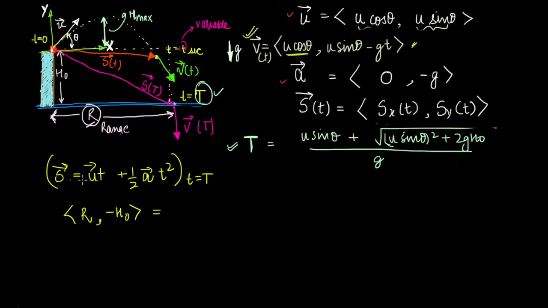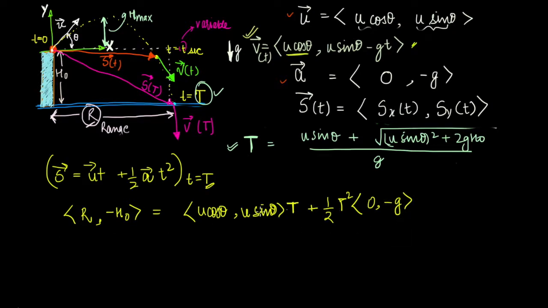All right, what about ut? Well, u would be u cosine theta and u sine theta, and we must multiply that by capital T, remember, because we're evaluating this at capital T time. And we must add half t square multiplied by the vector of acceleration, that's 0 comma minus g.